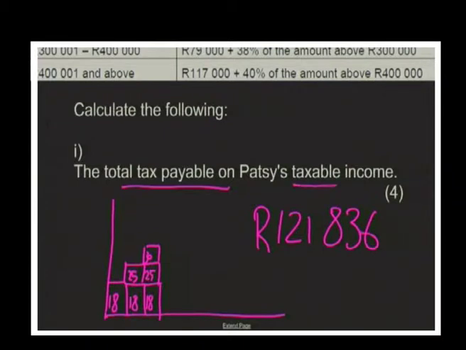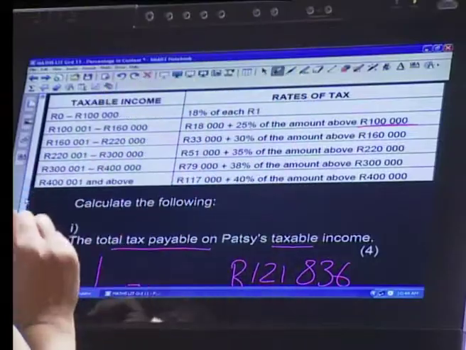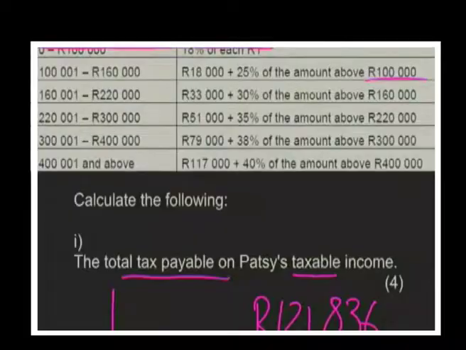That is her taxable income. Now we're going to use that amount to calculate the tax payable. I need to find out where this value fits into the tax table. Is it between 0 and 100,000? No, so it's not that one. Is it between 100,000 and 160,000 Rand? Yes, it is. So this is the bracket I am going to use to calculate her tax.